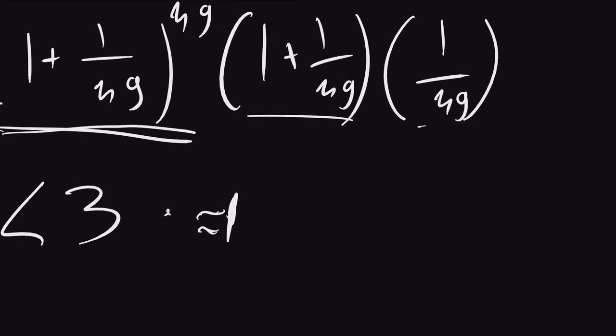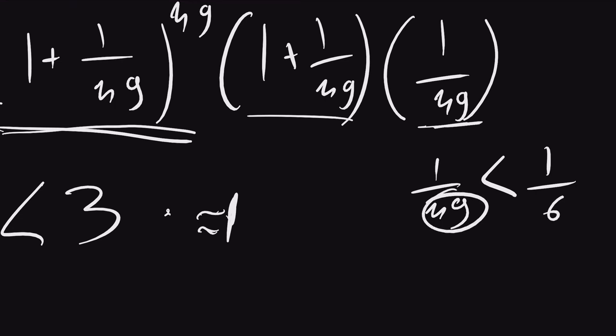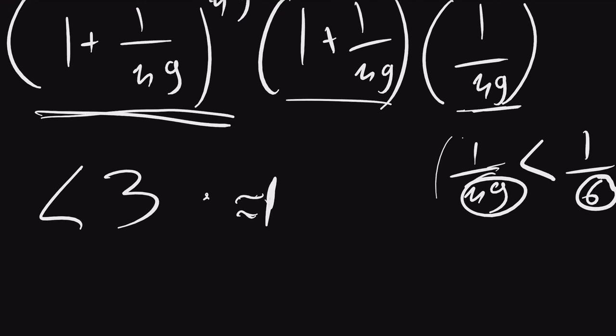Now 1 over 49 is going to be less than 1 over 6. Why? Because 49 is greater than 6, and since it's in the denominator, this is smaller than 1 over 6. So just for the sake of this argument, let's approximate 1 over 49 to be 1 over 6, even though we know it is smaller.